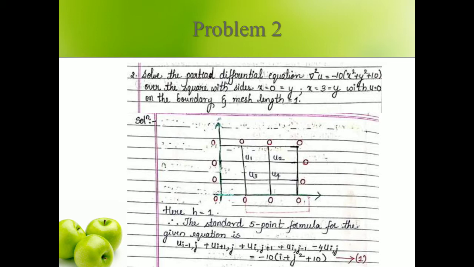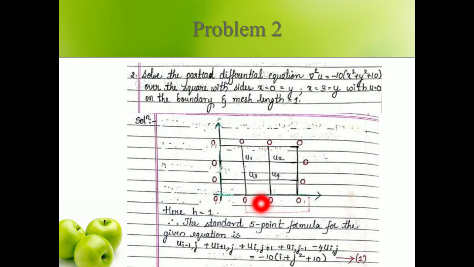Again, the second problem goes the same. We solve the partial differential equation del square u is equal to minus 10 (x square plus y square plus 10) over the square with sides x equal to 0 to 3, y equal to 0 to 3, with u equal to 0 on the boundary and mesh length equal to 1. Hence we consider the h value to be 1.